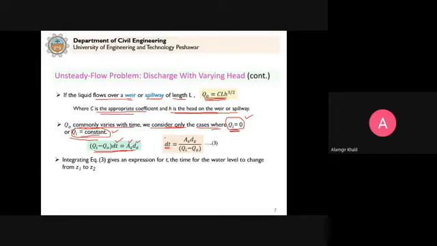So now we can integrate this equation. Just simply integrating this equation gives an expression for the time for the water level to change from Z1 to Z2. When you integrate this equation, we integrate from 0 to t. Now you already know that integral and derivative are opposite, so they cancel out, and the right hand side from Z1 to Z2.